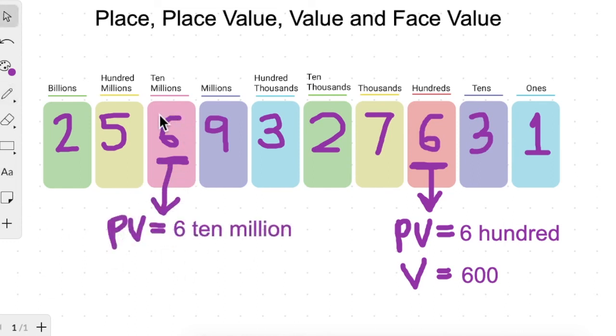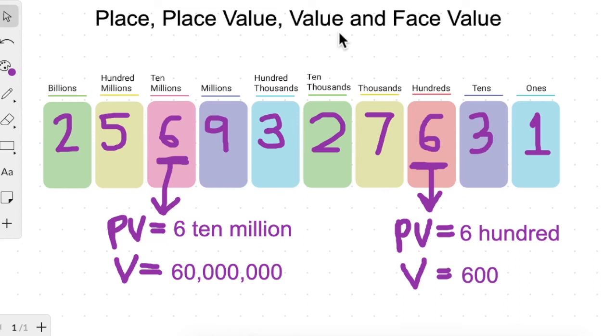So I just write this 6, after that the place. So it is 6 10 million. Similarly, the value will be 60 millions. So I hope that you have understood what place value and value is.